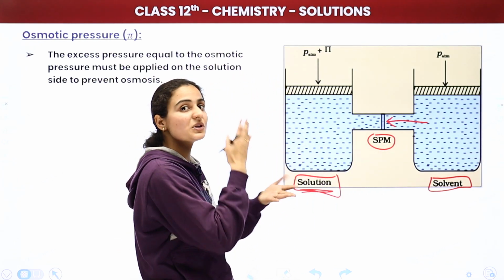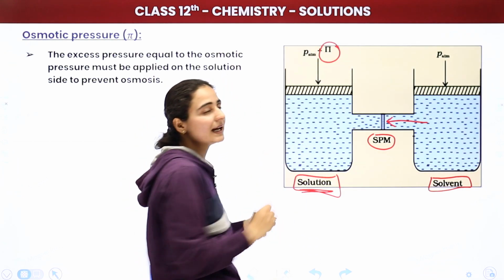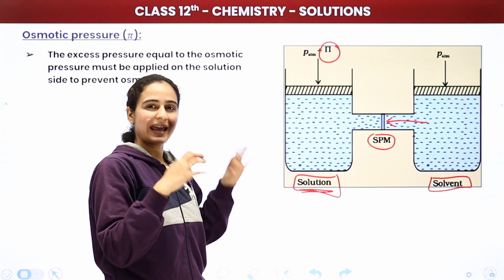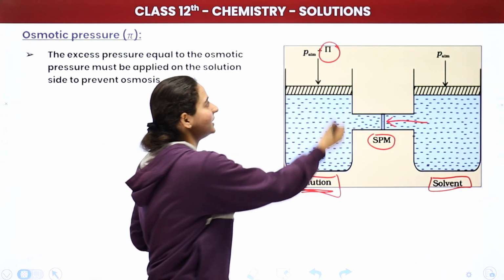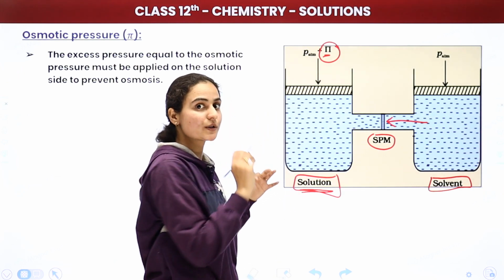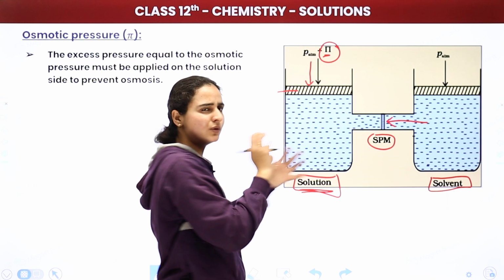So हमें क्या करना है? हमें stop करना है इस movement को. So what are we going to do? We are going to apply some amount of excess or external pressure in order to stop this. So हमने ये pi, that is osmotic pressure, ये apply करेंगे on this, this is your piston, movable piston.